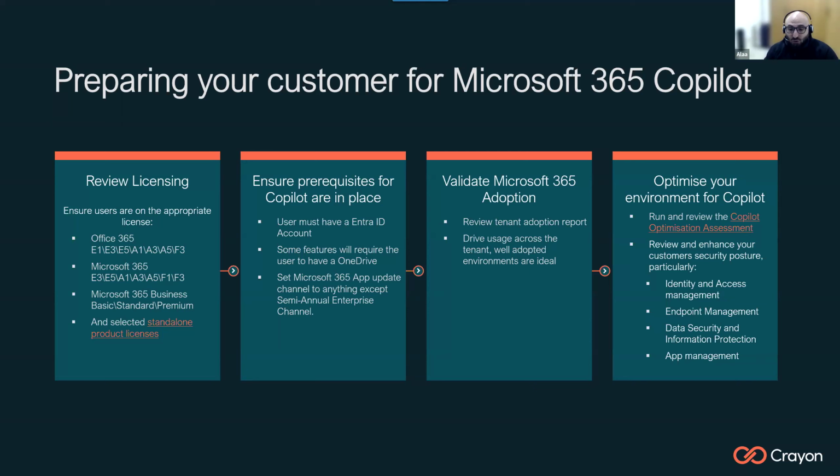So you can review the adoption report and the Microsoft Adoption Score to help you with using Copilot and knowing more about the productivity tools. If you find that you have low utilization of Microsoft 365, you can work on a plan to drive usage across the tenant in preparation for Copilot.